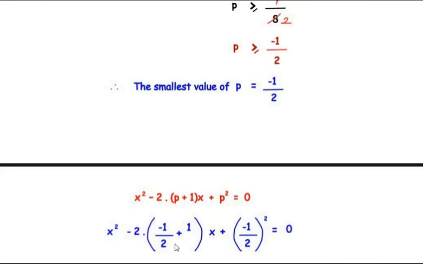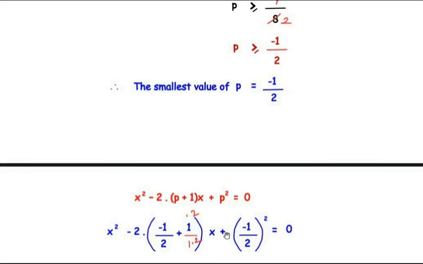Now here for this bracket we are going to take a common denominator. So we are going to divide this 1 by 1 and multiply the numerator and denominator by 2. So here 1 gets multiplied by 2 and 1 also gets multiplied by 2.